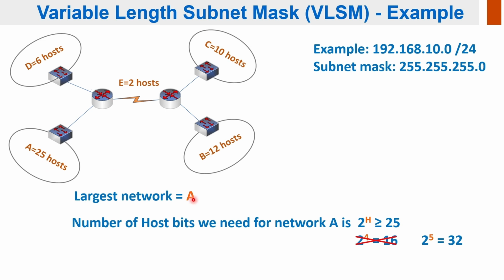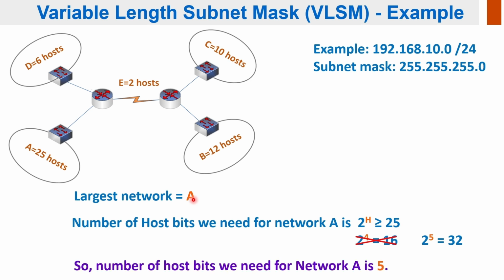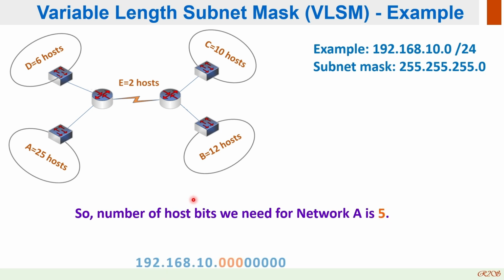So if we need 5 bits for the host, then how many bits can we borrow? We can borrow only 3 bits, because this is our network, and out of this network we have 8 bits for host. We always borrow from the host bits to create the subnetworks.